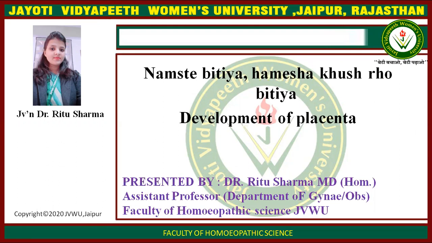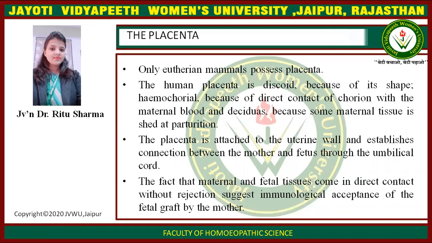Today's session is Development of Placenta. The placenta: only eutherian mammals possess a placenta. The human placenta is discoid because of its shape, hemochorial because of direct contact of chorion with the maternal blood, and deciduous because some maternal tissue is shed at parturition.